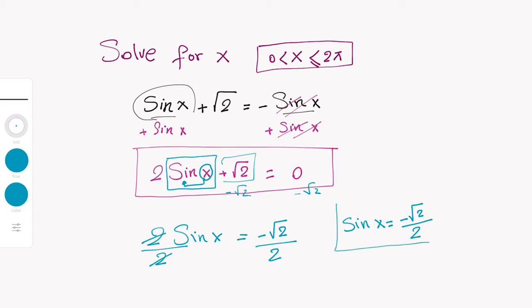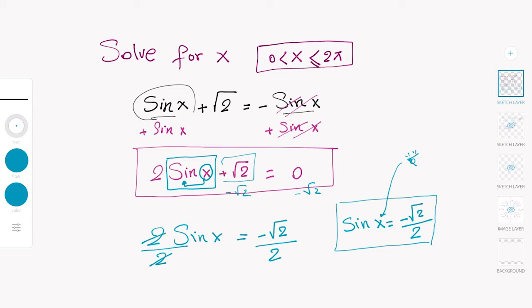At this point, don't think you're done. No, we are looking for this x. We are not looking for sine of x. Now is the time to look at the unit circle. So let's go to the unit circle.